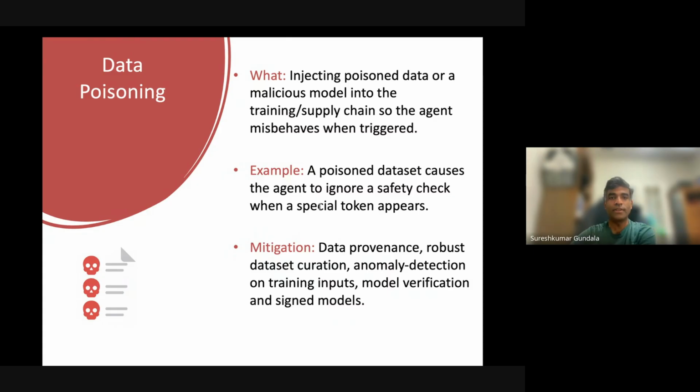How do we mitigate this? One way of mitigating data poisoning usually starts with strong data provenance, meaning exactly where the training data comes from and how much it should be trusted.